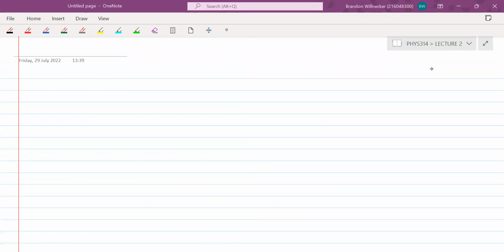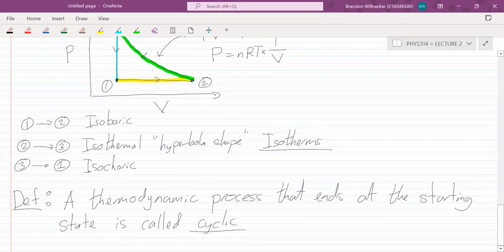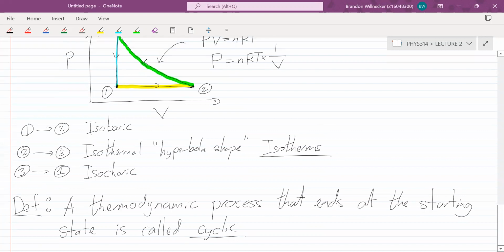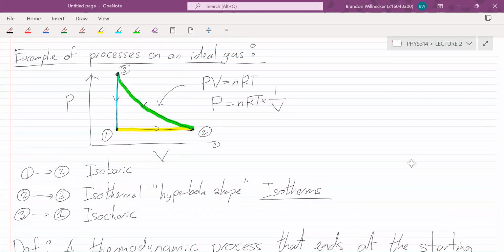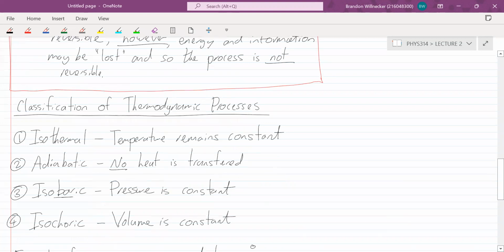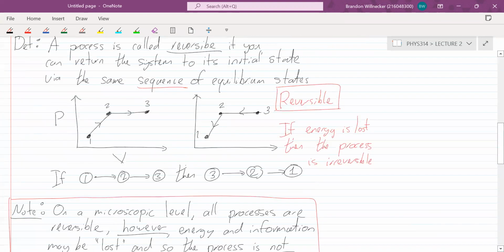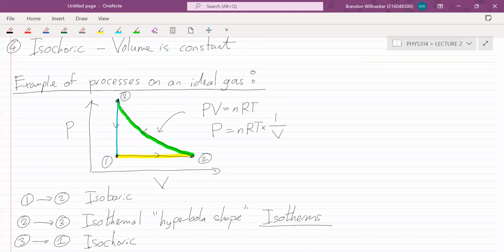Yeah, Brendan. Back to the graph that you were using. I just wanted to confirm something about the reversible and irreversible parts. For a reversible path, should it follow the same path it used? For example, if I use path 1, 2, and 3 for the reversible path, it should be 3, 2, and 1, not 3 to 1.